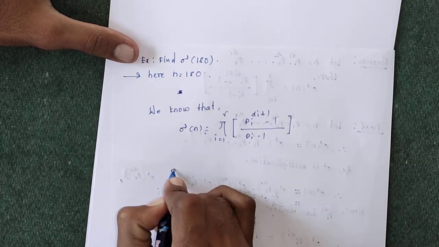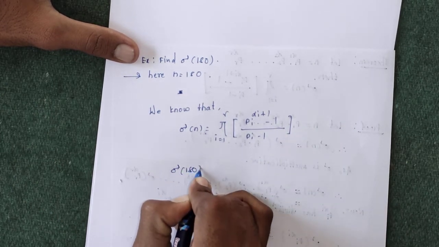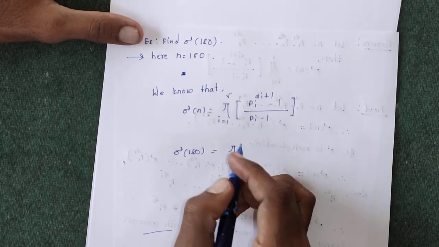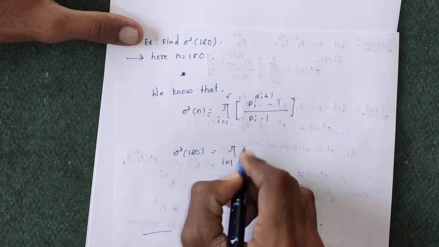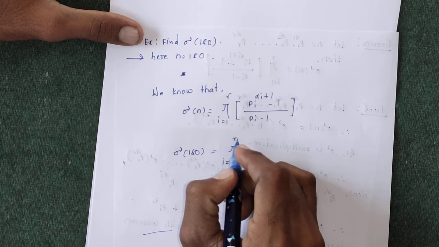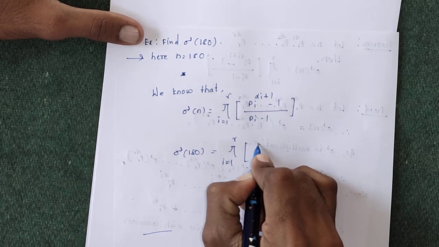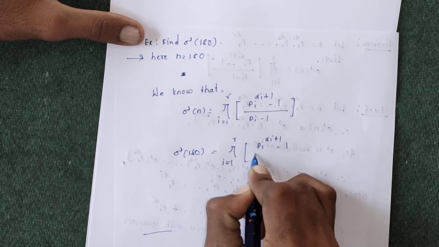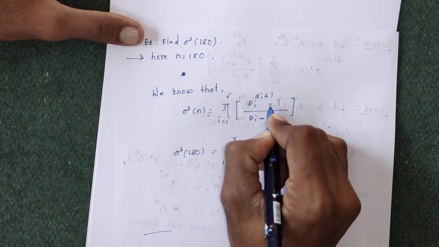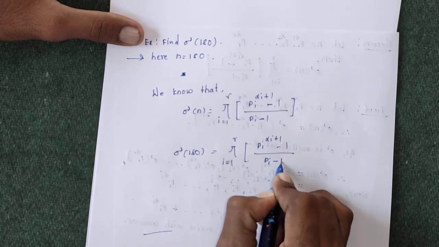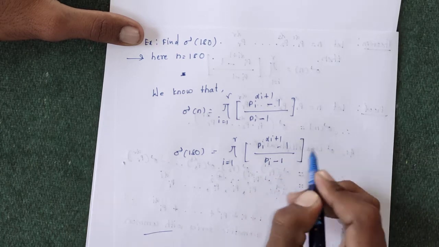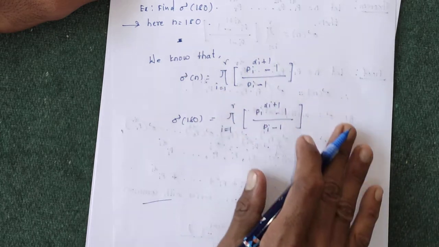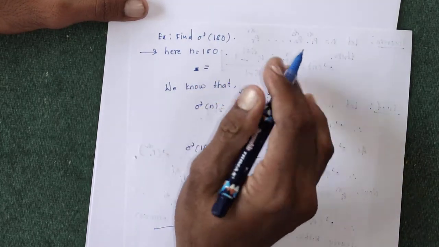So here sigma of 180 can be written as the product of i running from 1 to r, pi raised to alpha i plus 1 minus 1 upon pi minus 1. Now we have to express this 180 in canonical form.